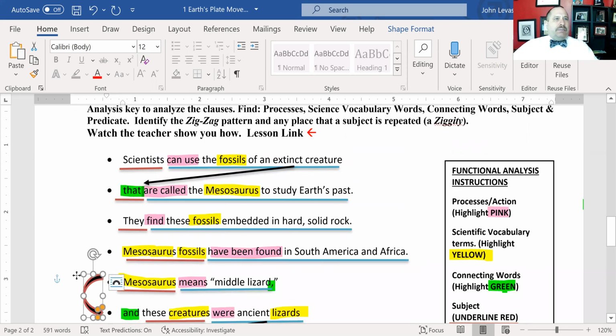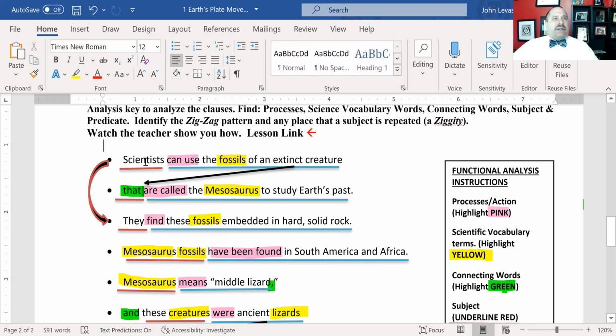For example, scientists. Here we have this subject and it's brought down and they use that subject again. Scientists can use fossils of an extinct creature, zag, that are called Mesosaurus to study the Earth's past.